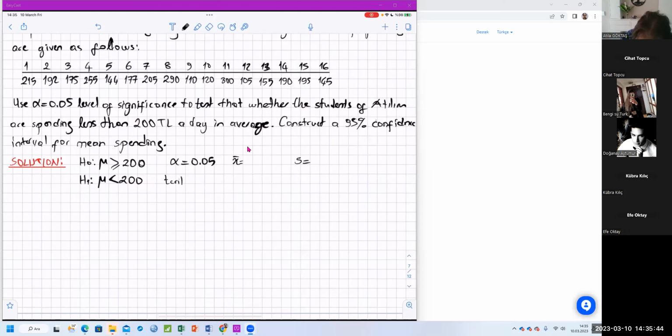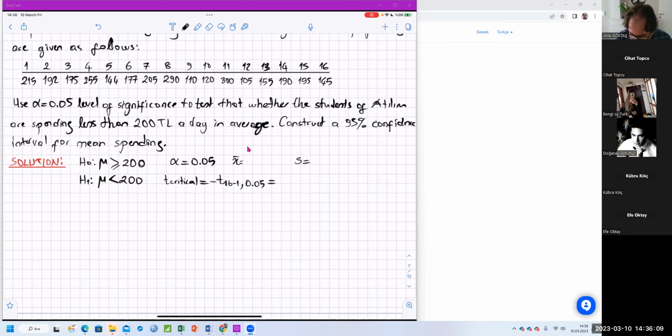The critical value equals minus, because it's left-sided, it's going to be negative t with 16 minus 1 degrees of freedom at the 0.05 level of significance. That's what we need.